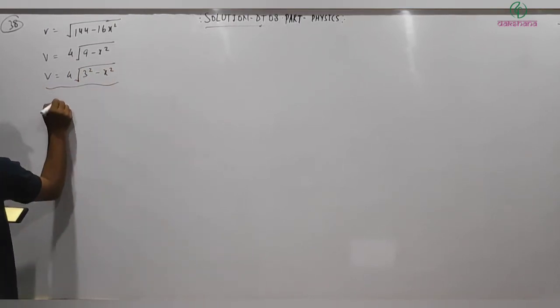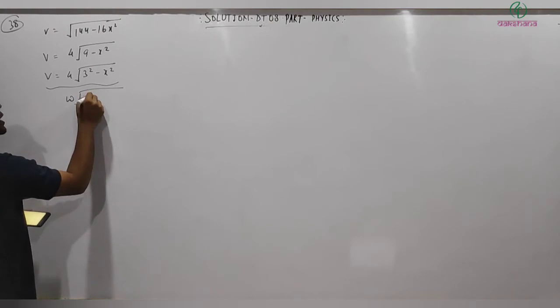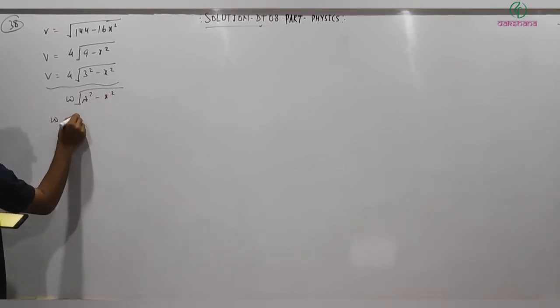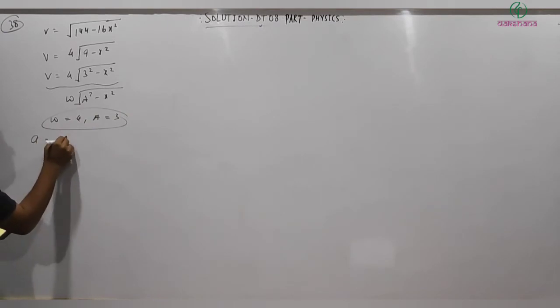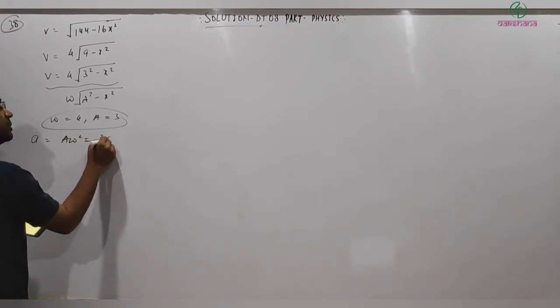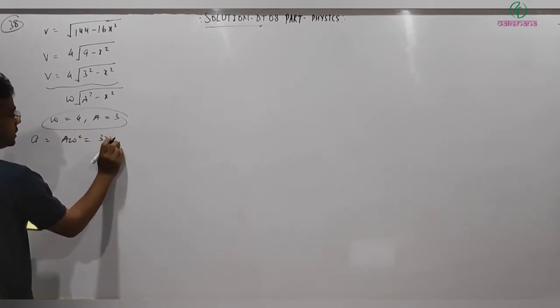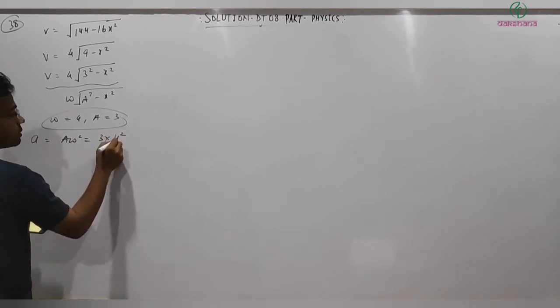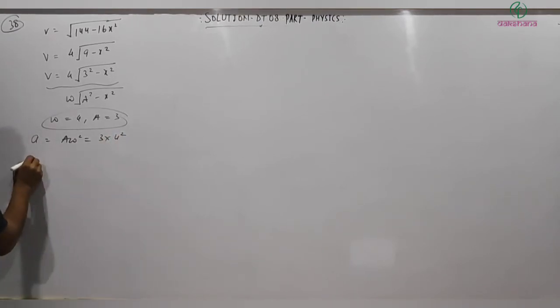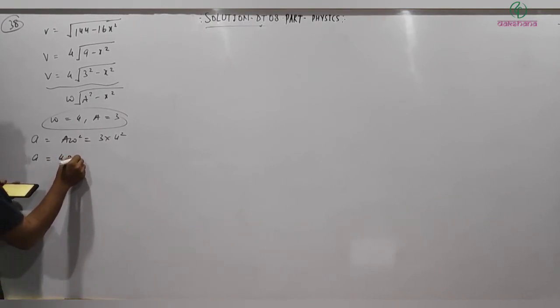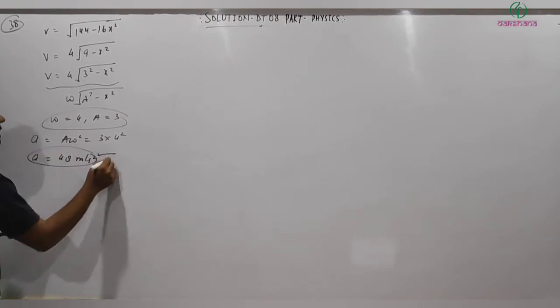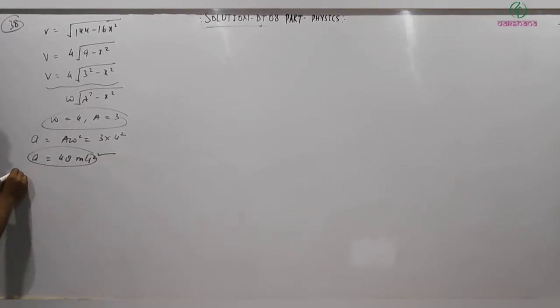Comparing it with the standard omega under root a square minus x square, that means omega is 4, a is 3, and acceleration is a omega square, that means 3 multiplied by how much? This is 16, 4 square. So 16 into 3, that comes out to be 48 meter per second square, the maximum acceleration of the particle performing SHM.